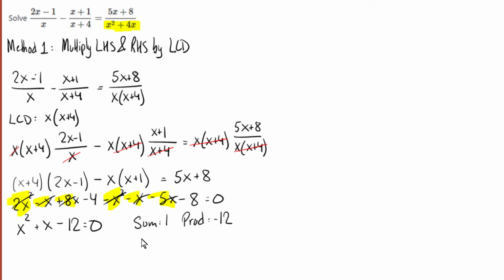Those two numbers are going to be 4 and negative 3. 4 plus negative 3 is 1. 4 times negative 3 is negative 12. And now we can just use the zero product theorem to determine the roots. X is going to be 3 and negative 4.